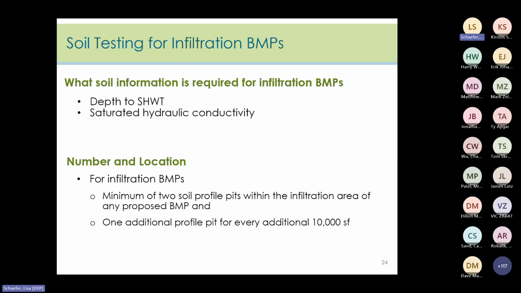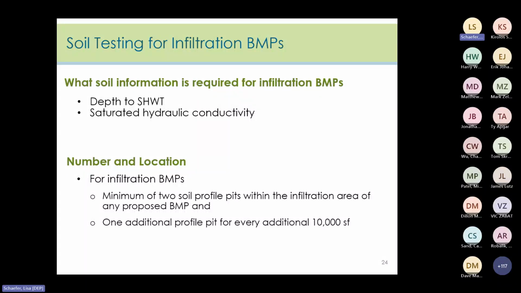Knowing where the seasonal high water table is located is essential. A minimum of 2 soil profile pits must be excavated within the infiltration area of any proposed infiltration BMP to determine the elevation of the seasonal high water table and to test the hydraulic conductivity of the most restrictive horizon between the basin bottom and the seasonal high water table.